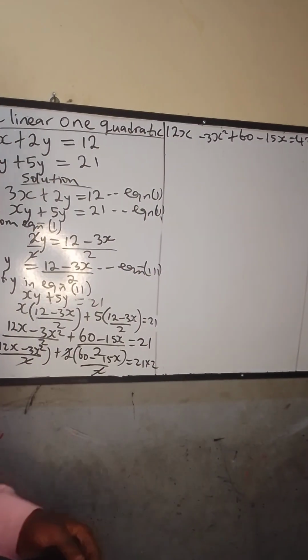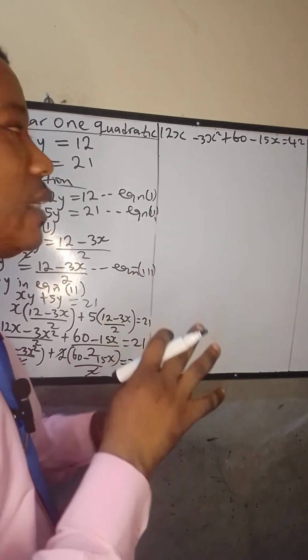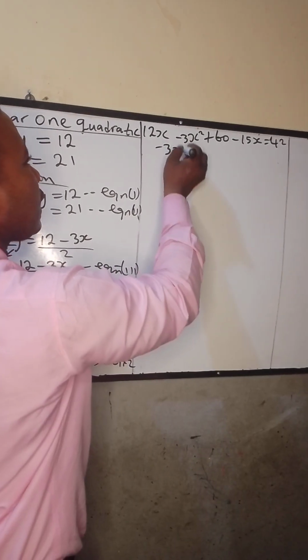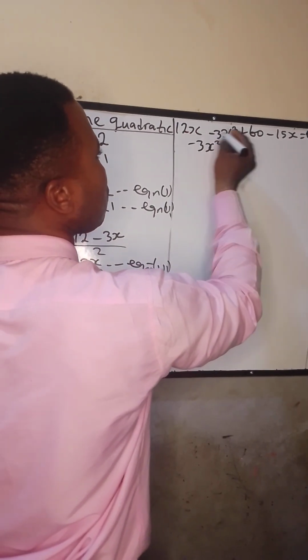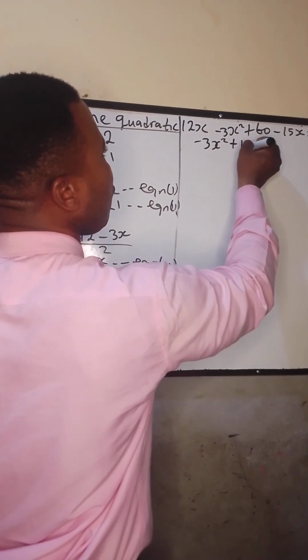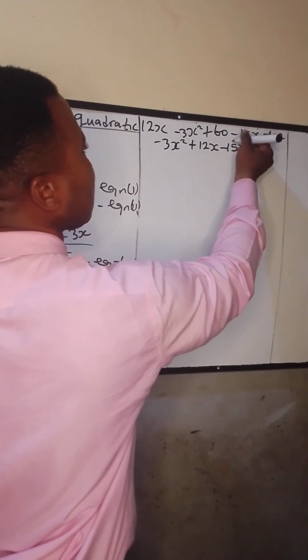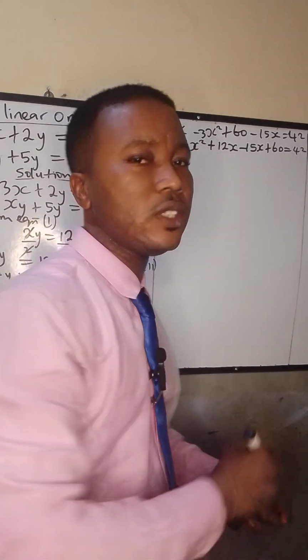Let's rearrange this. This comes first, which is minus 3x squared. Then we have plus 12x minus 15x, then plus 60 is equal to 42.